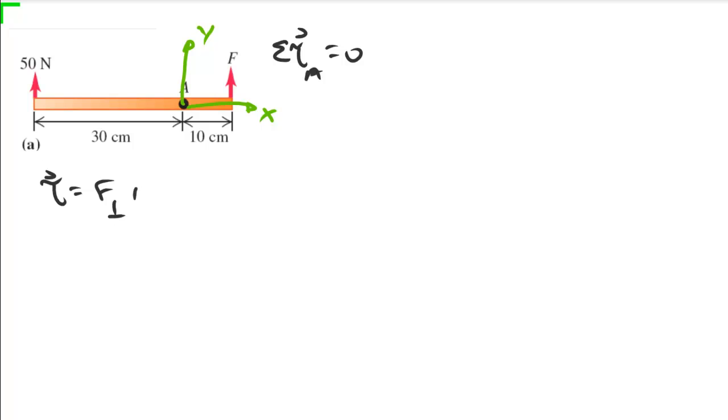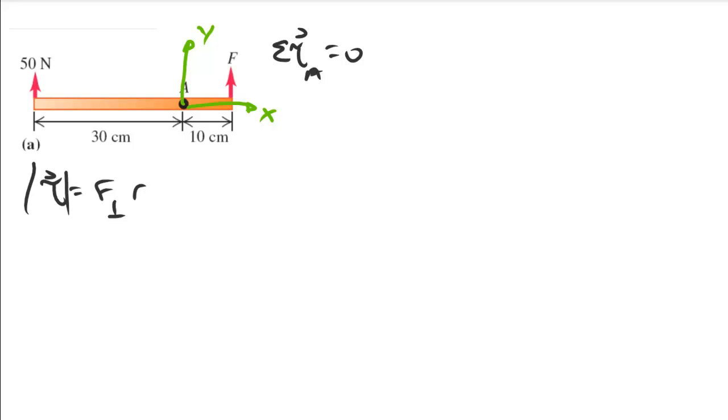The magnitude of the torque is just the perpendicular force times the moment arm, and the direction is either into the screen or out of the screen, so we either have a positive torque or a negative torque.